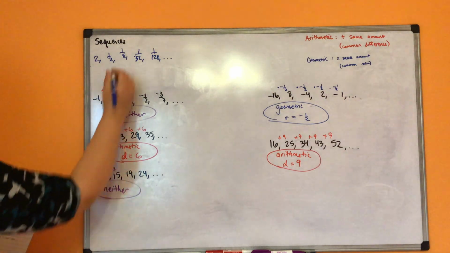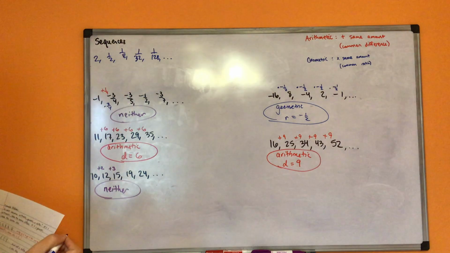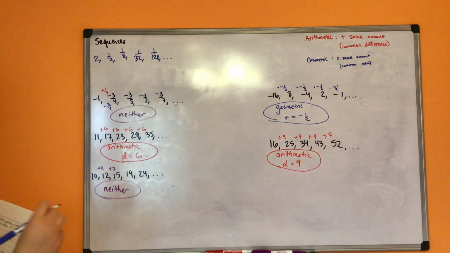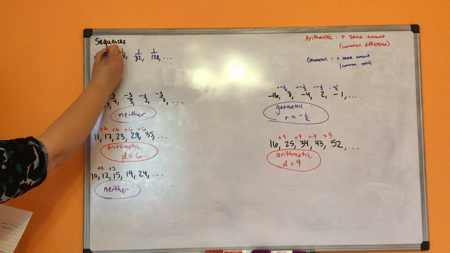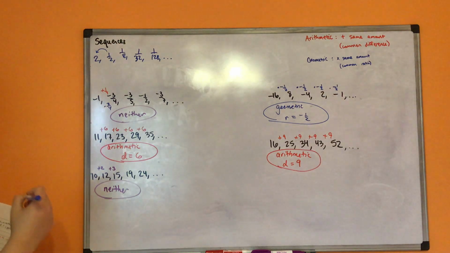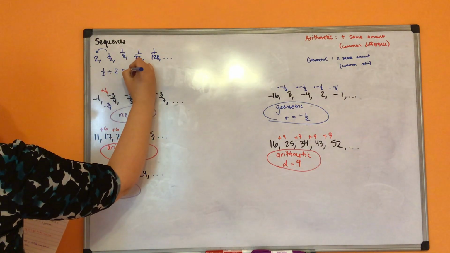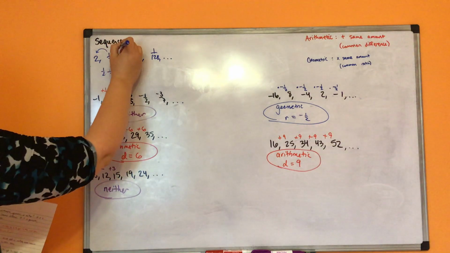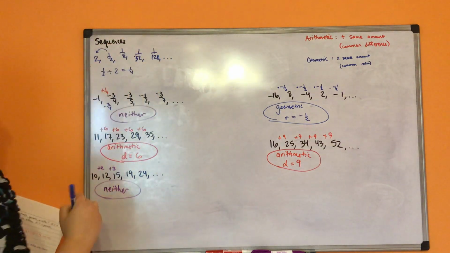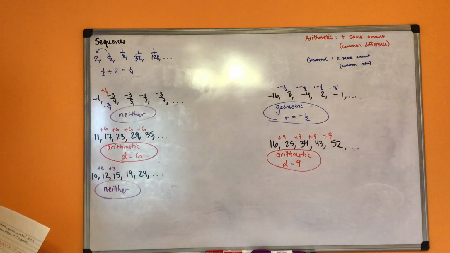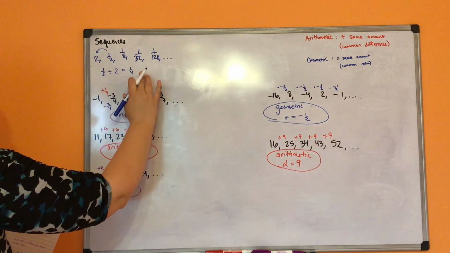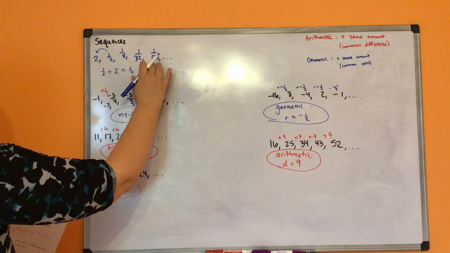So the same process applies though. It looks like we have a pattern going on here. You can try this one of two different ways. You can either check by dividing. If I do 1/2 divided by 2, I get 1/4. And that's going to be consistent if I work backwards. The other way you can look at this is easier with the fractions. How do I get from one fraction to the next?